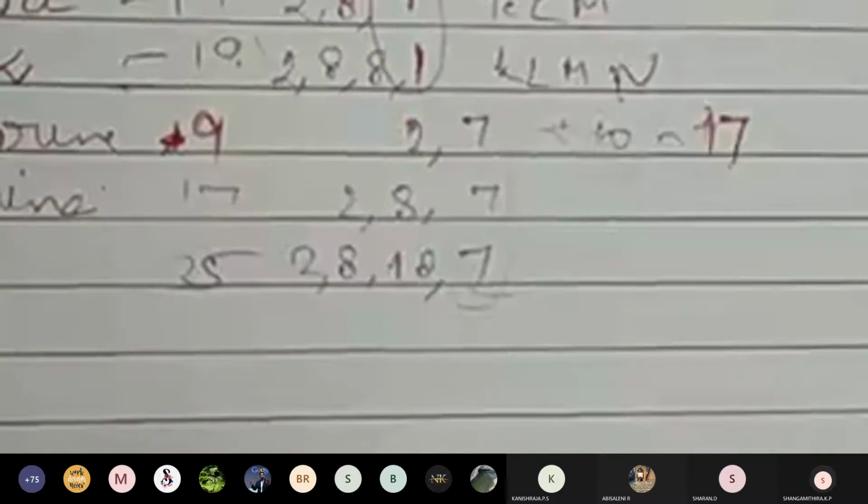Now we have some comparison with Mendeleev's periodic table. The Mendeleev's periodic table was based on the atomic mass, but the modern periodic table is based on the atomic numbers.